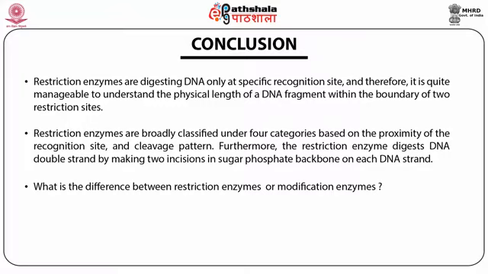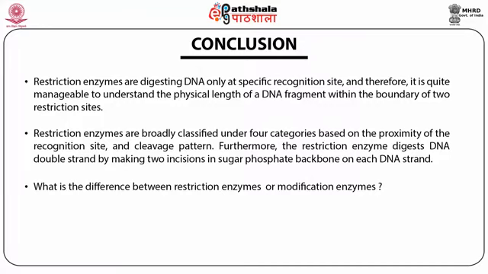For example, T4 polynucleotide kinase adds phosphate at the 5' end, whereas alkaline phosphatase removes phosphate from 5' ends. Likewise, ligase can join 2 DNA fragments during the cloning process, as well as T4 DNA polymerase, which can fill in with the help of dNTPs.